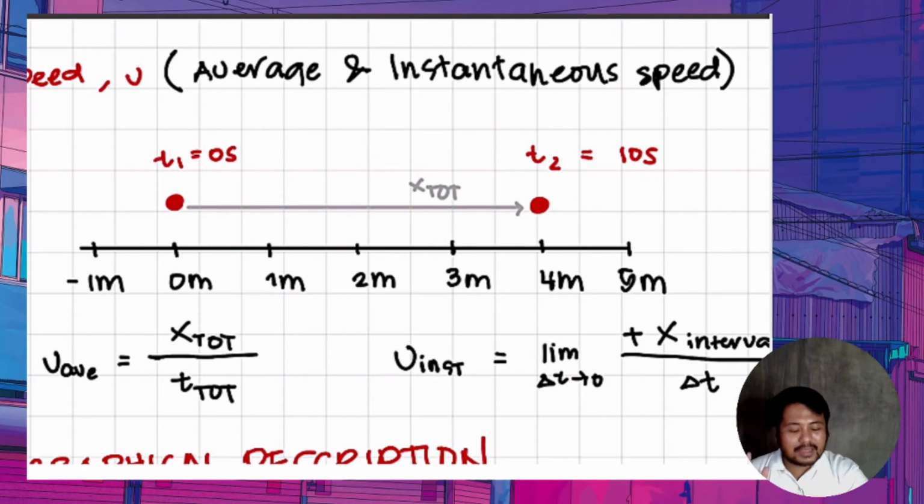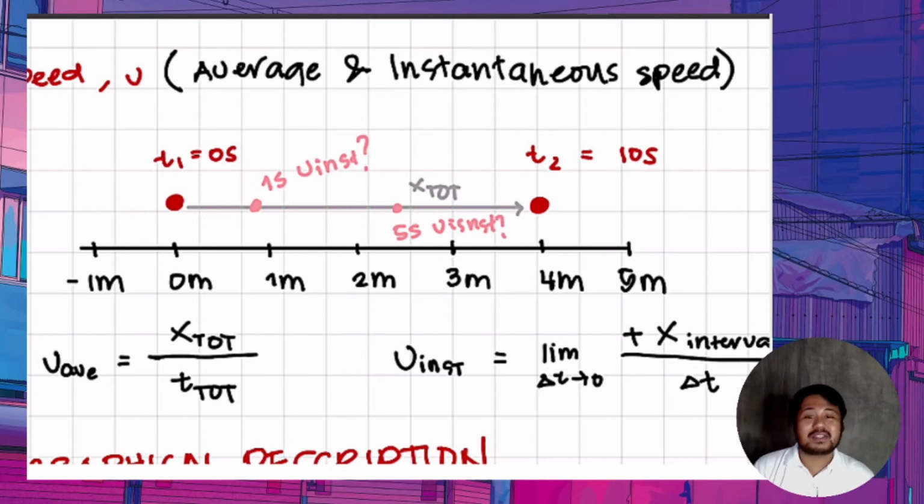Kasi yung tinatanong kay instantaneous value is that at this point, ano kaya ang speed ko? Let's say for example, 1 second yan siya. At that 1 second, what is my instantaneous speed? At, let's say for example dito, at t is equal to 5 seconds, anong instantaneous speed ko?